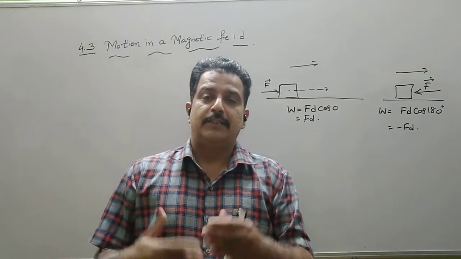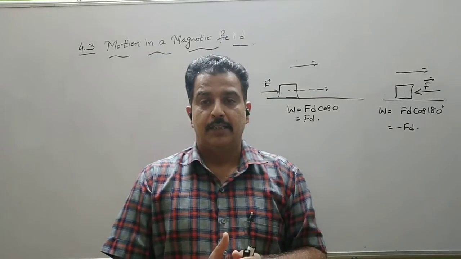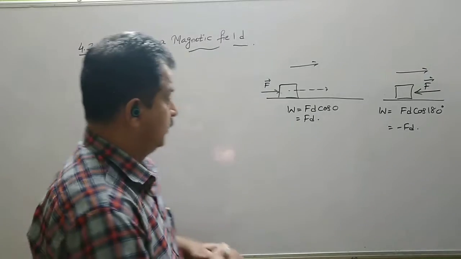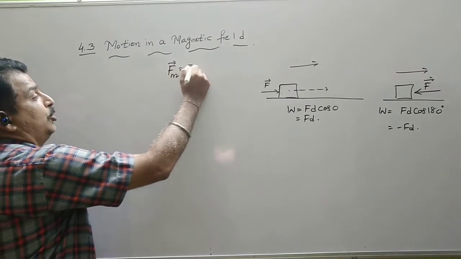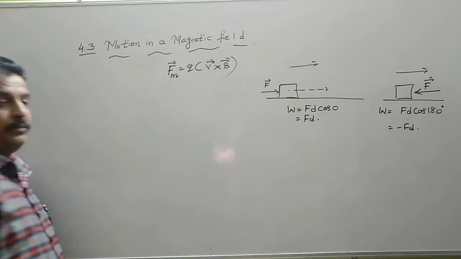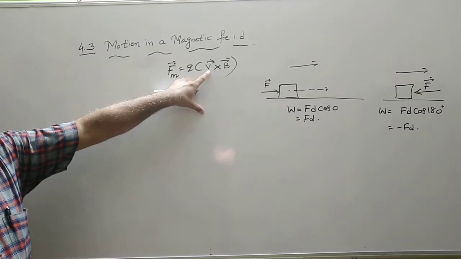And F, the magnetic force, was given by F_m equal to q v cross B. This F is always perpendicular to v.